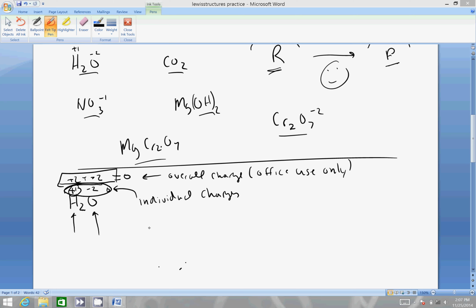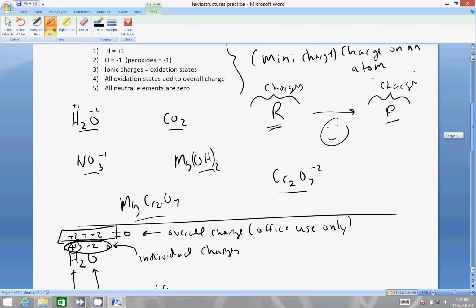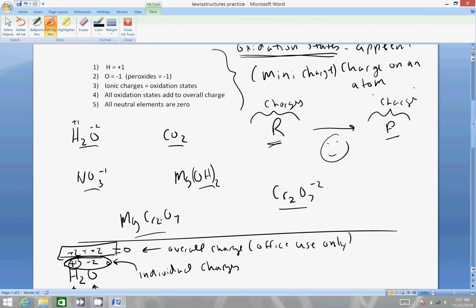CO2. By rule number 2, all oxygens are -2. I apologize for the typo there, I wrote this backwards; make sure that we have that correct. It has to be bonded.